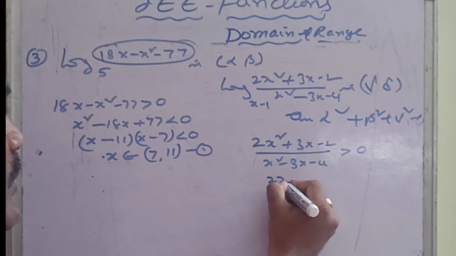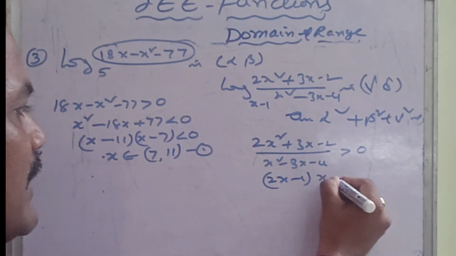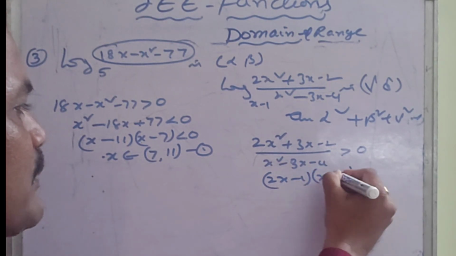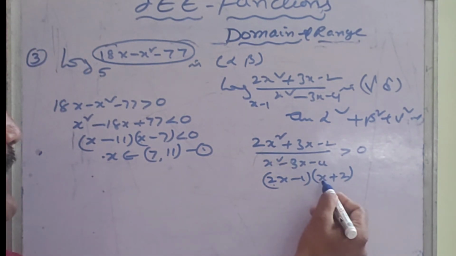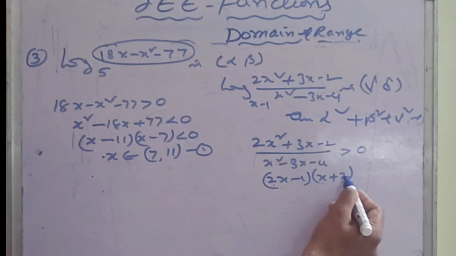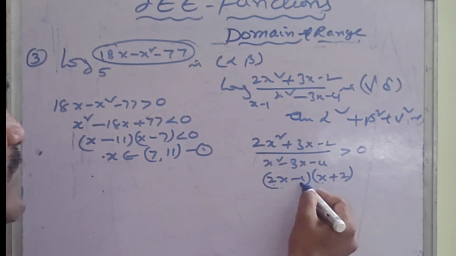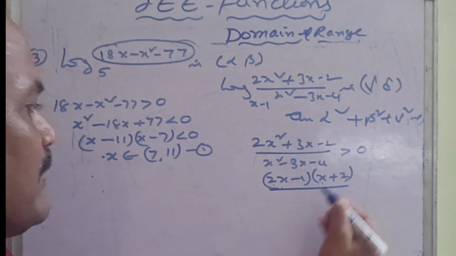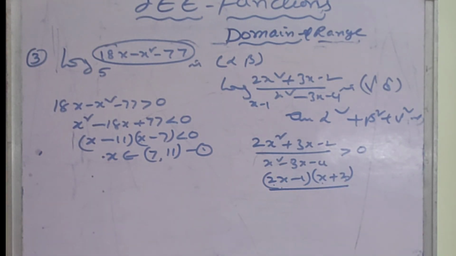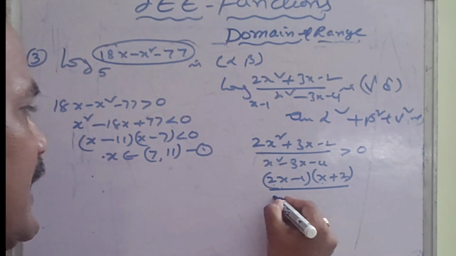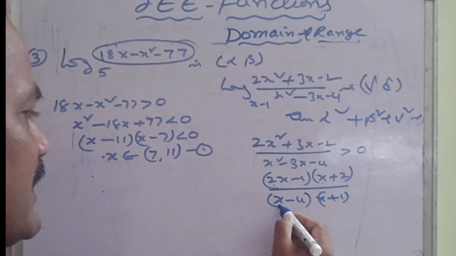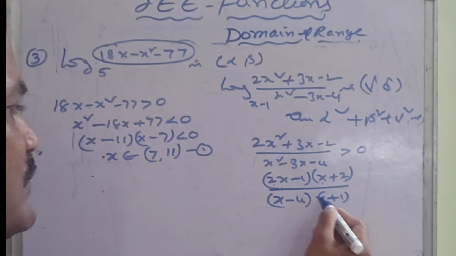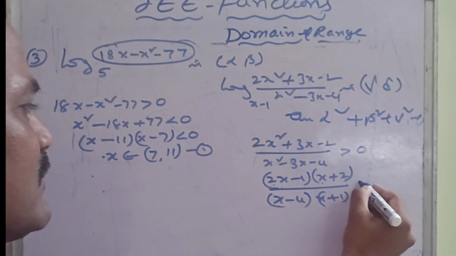Numerator: (2x minus 1)(x plus 2). Check: 2x into x is 2x square, plus 4x minus x, so plus 3x, and minus 2. Denominator: (x minus 4)(x plus 1). Check: x square, minus 4x plus x. That one greater than 0.